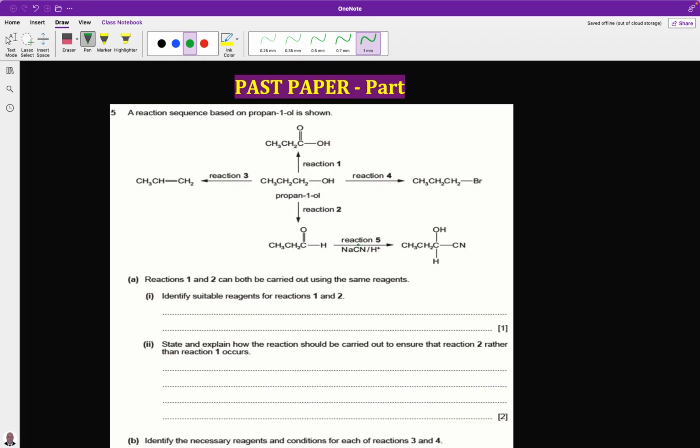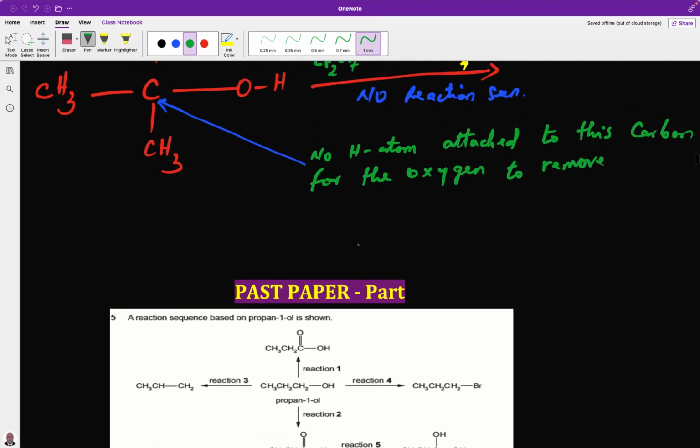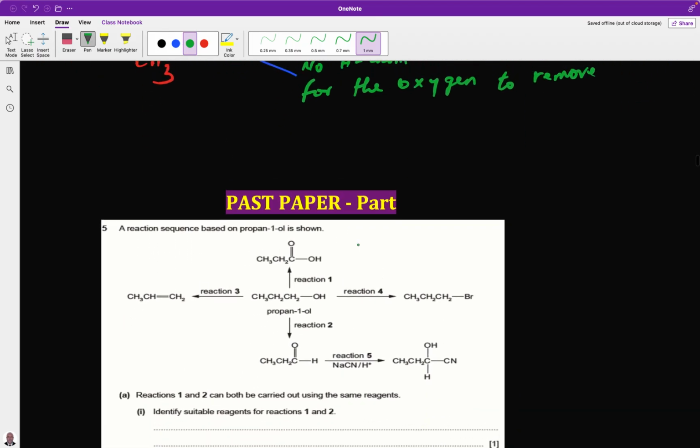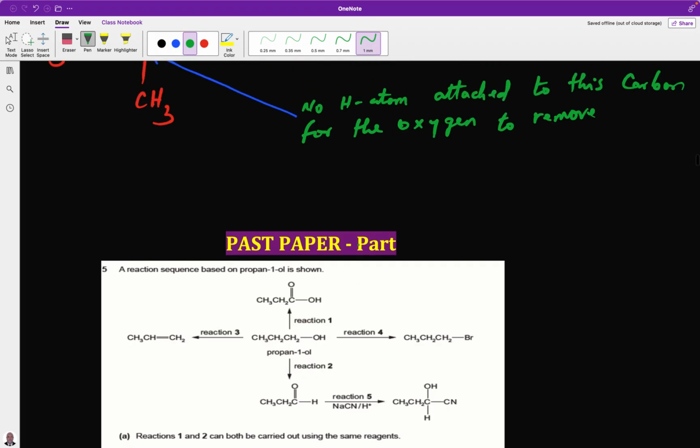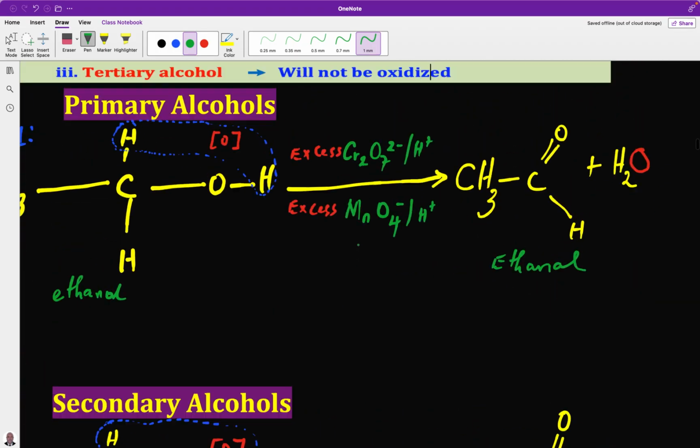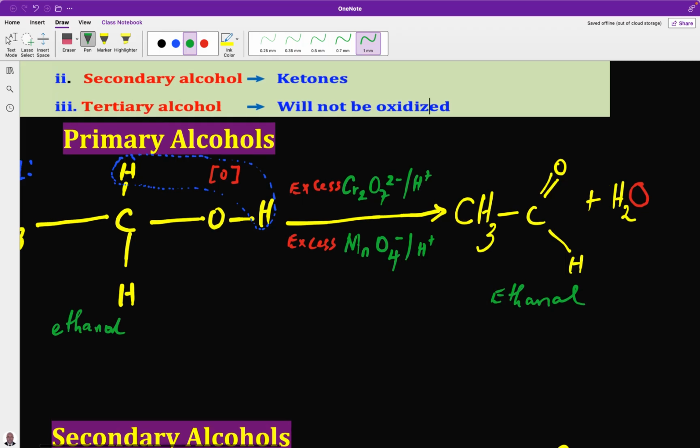You have the question paper here. Before we go ahead, once more, in our observation, remember that if acidified potassium dichromate is used as an oxidizing agent, the color change will be from orange to green.